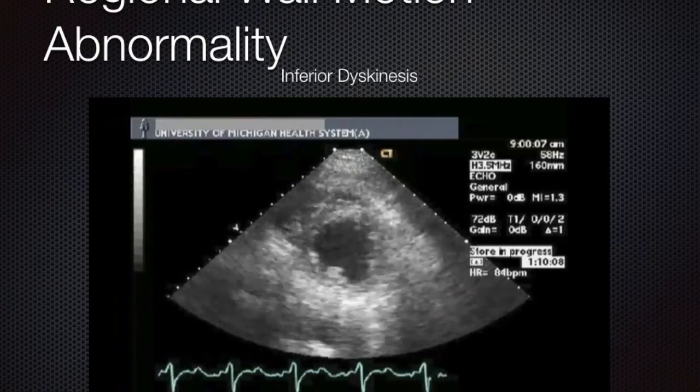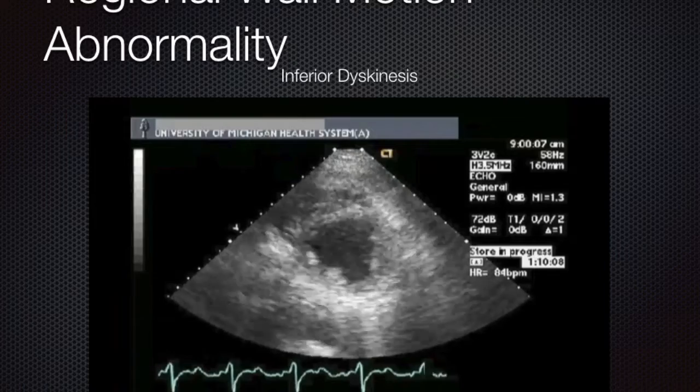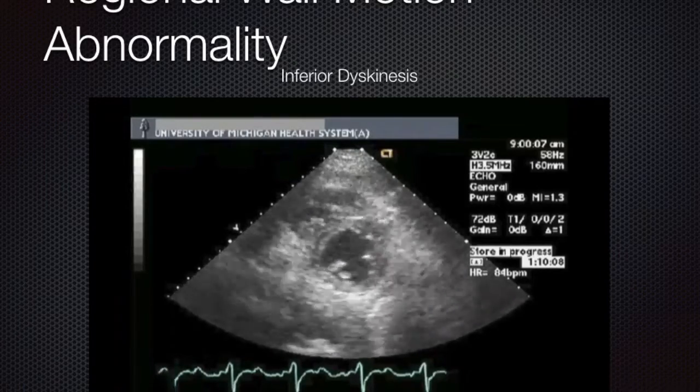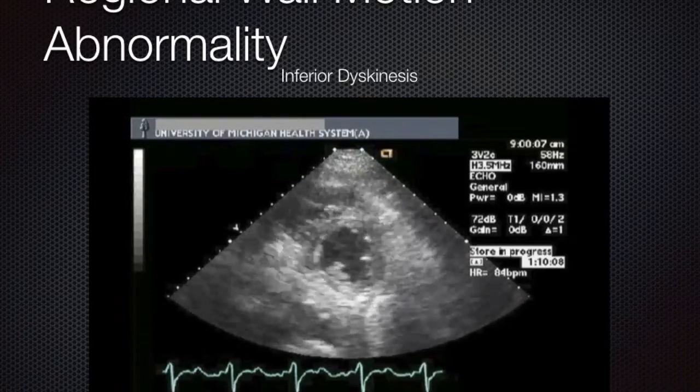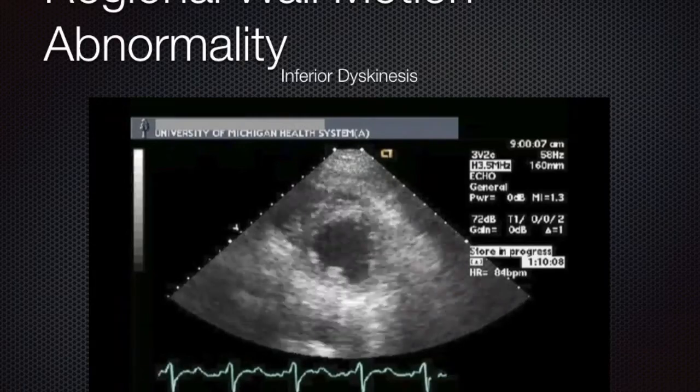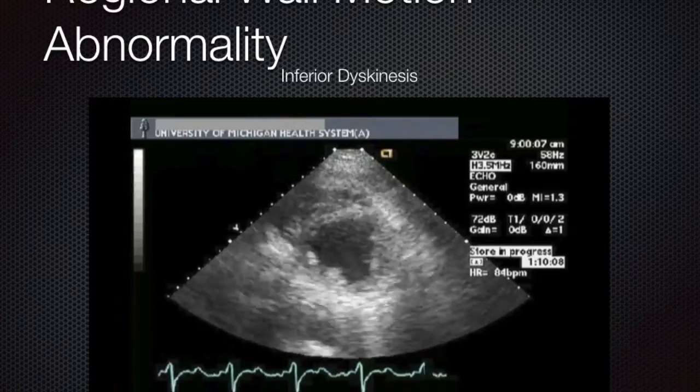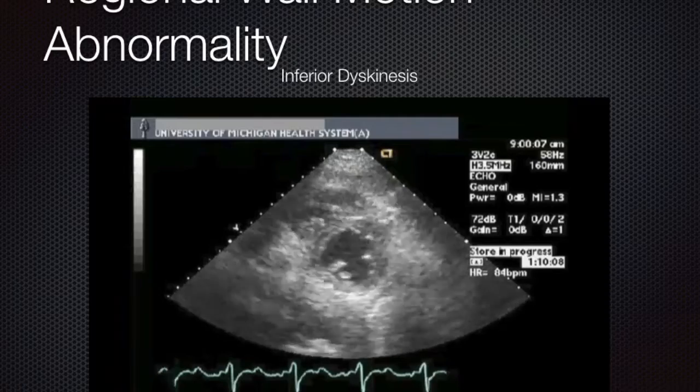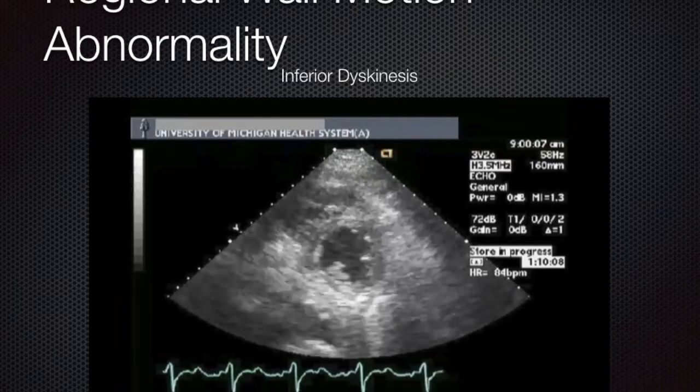Okay, on this aspect, the inferior wall is not thickening and contracting in much, whereas the other walls are thickening and contracting in. So you can see that down the bottom left part of this short axis view through the papillary muscle.